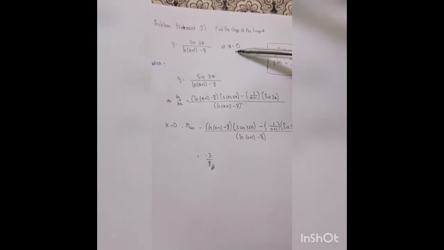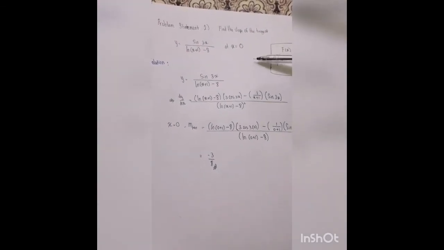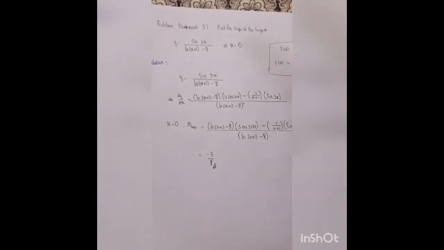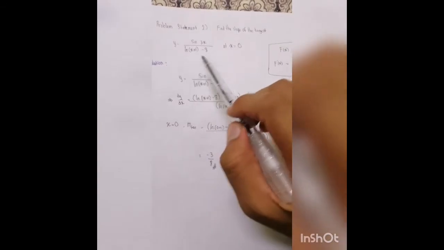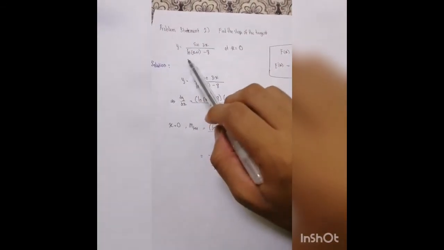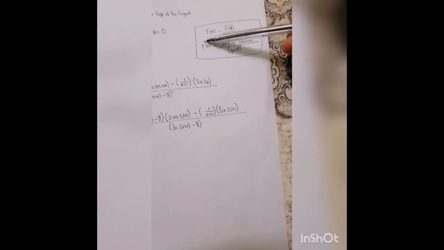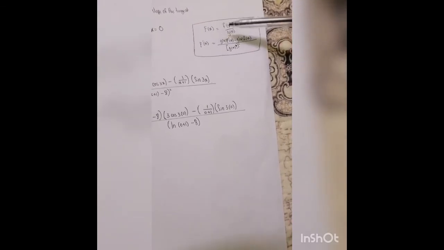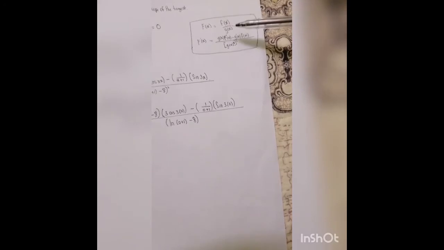As in problem statement 1, we need to differentiate the equation of the curve. So we use this method, f(x) equals f(x) over g(x).